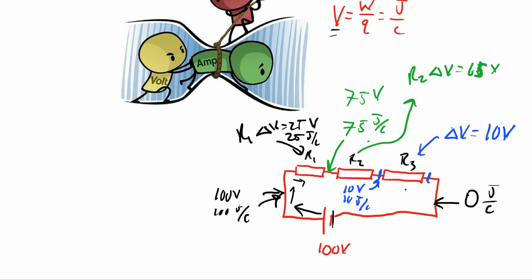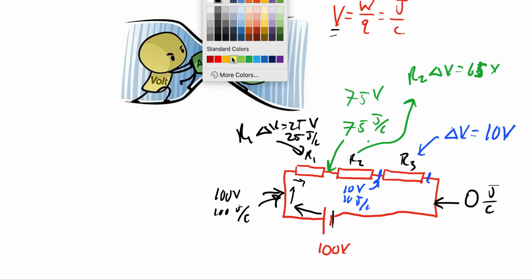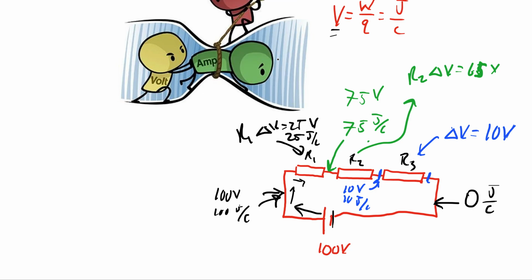So whatever the current happens to be inside the system, if I took my other device, my ammeter, let me get out a different color for the ammeter, see if we can find something unique and different. Maybe this nice purple over here. Ammeters are supposed to be in series, one before anything happens and one after everything happens.